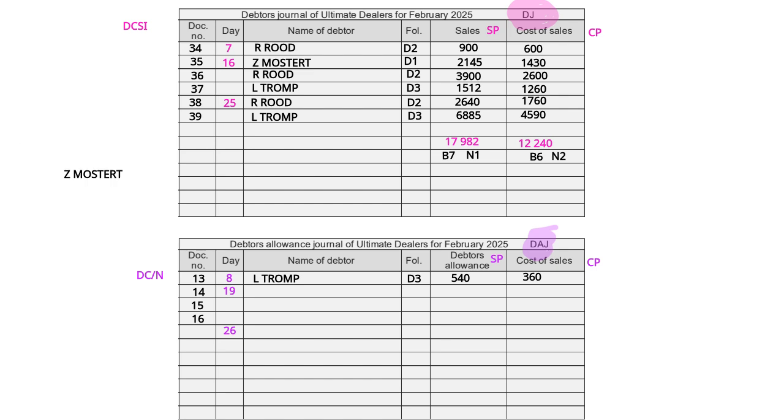Our three debtors are Mustard, which is D1, Ruth, which is D2, and Trump, debtor 3.